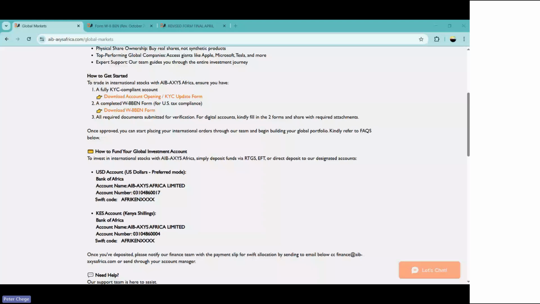Remember, for eKYC, you're only paid via M-Pesa. So if you have reached 3 million, just fill in that form, attach everything, and tell us to activate your account. That's it. The system does not prevent you from continuing with your trading activity. You will still continue trading.